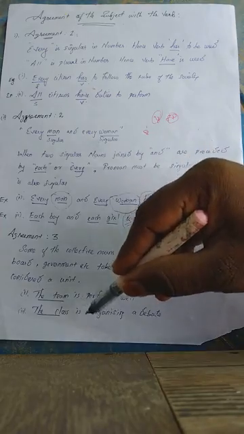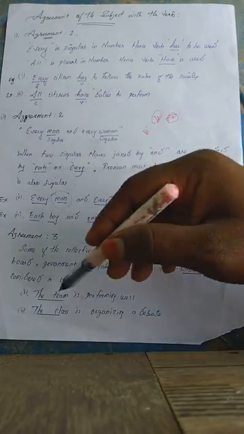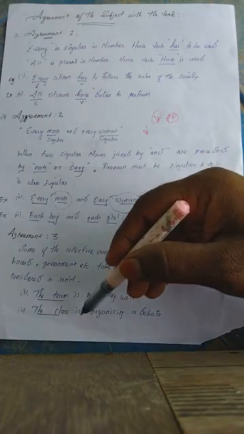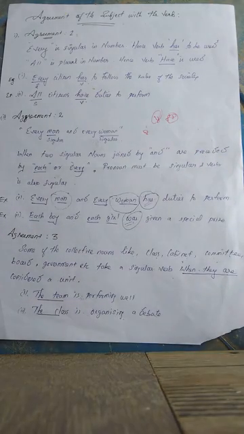That's why we have used here singular verb. The team is performing well. The class is organizing a debate. Right, my dears? So though the collective nouns come, when the idea comes as a unit, a single unit or a single thought, then we have to go for the singular verb, right?